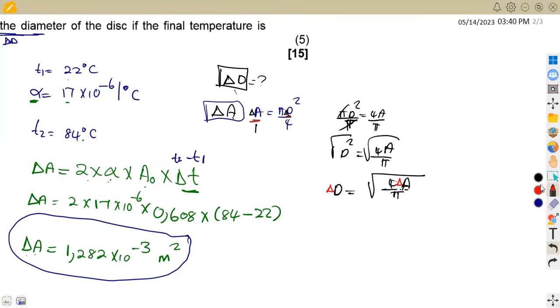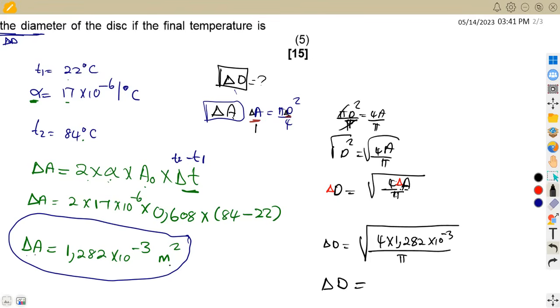So this is going to give us the change in diameter. So therefore, our change in diameter is going to be the square root of 4 times the change in area, which is 1,282 times 10 to the exponent of minus 3, everything over pi. So under the square root, we are going to obtain a change in diameter.